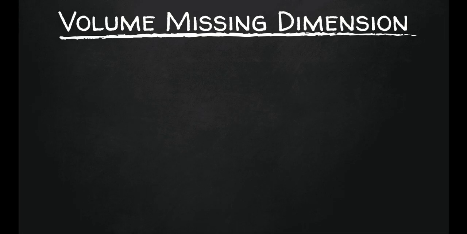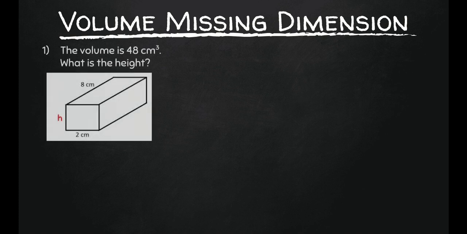A more challenging type of problem involving volume would be finding a missing dimension. The problem might look like this: the volume is 48 cubic centimeters. What is the height? I'm still going to use my volume formula, but the information that I'm given is a little bit different now. When I plug in, I can replace the volume with 48, and then I'm given the length and the width, but I don't know what the height is, so I'm going to leave the height as h.